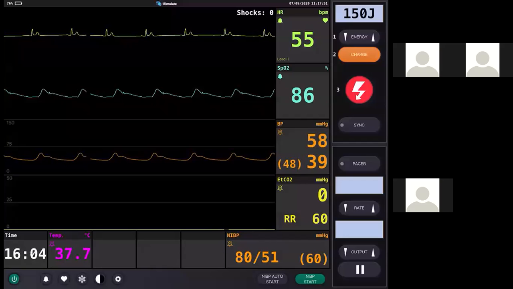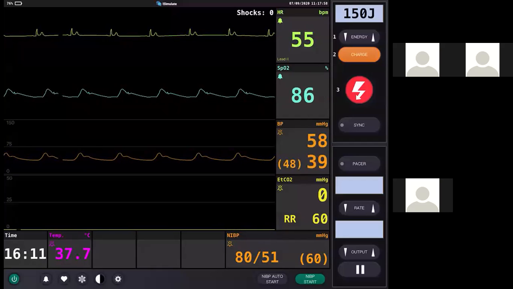Can you look at your PALS guideline and look at the pediatric bradycardia algorithm?